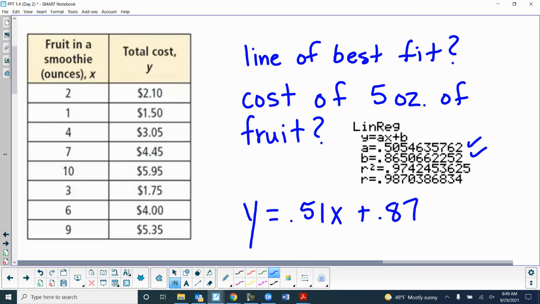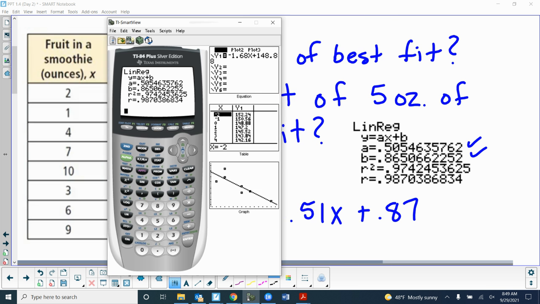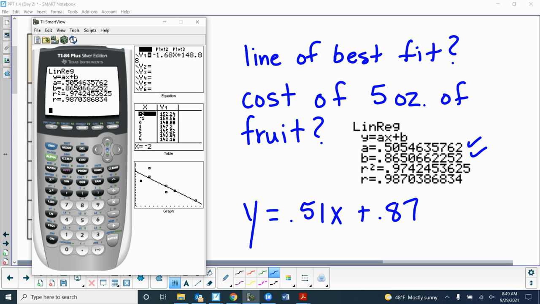So, when I do that, okay, I just hit clear to get that out. So 0.51 times 5 plus 0.87. That'll be how much it will cost for 5 ounces of fruit for my smoothie. So $3.42. Okay?